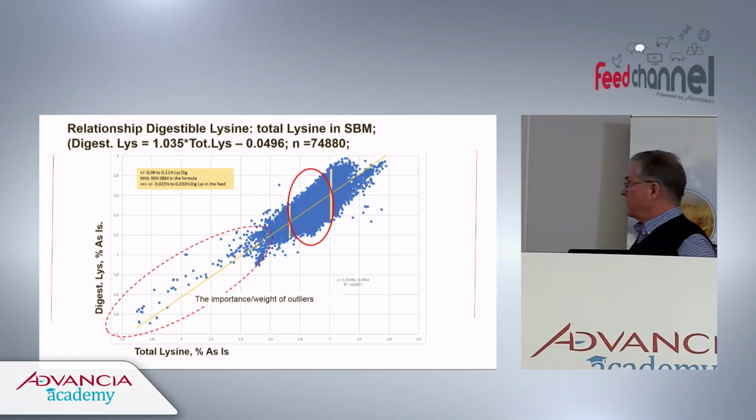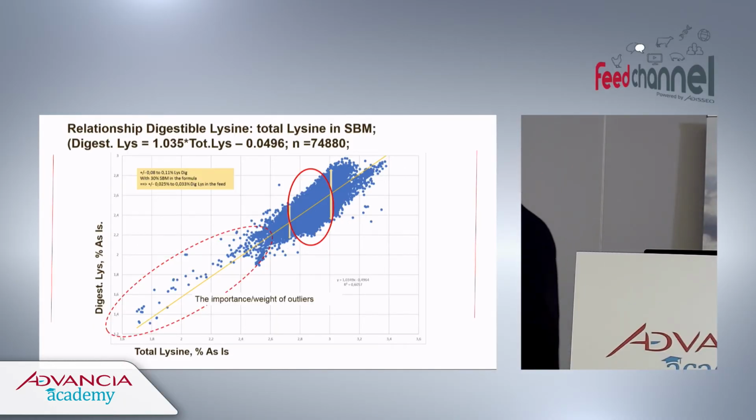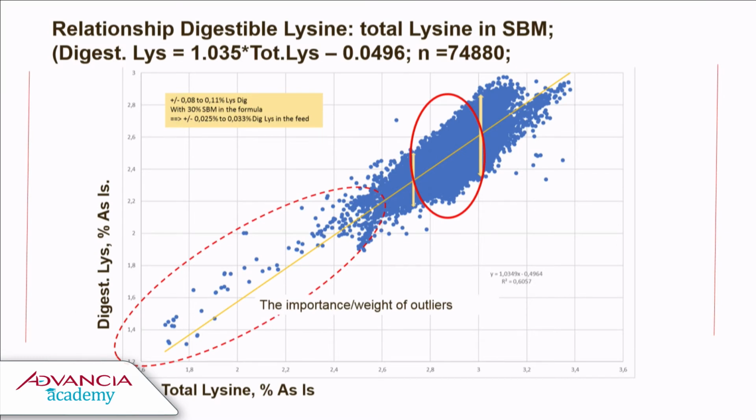And here's some data from many, many samples, 74,880 that were analyzed by NIR at Adisseo. And within the normal range of soybean meals would be between, let's see, this is total lysine as is and digestible lysine.